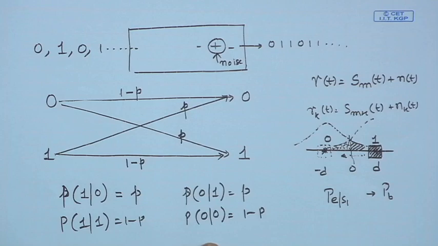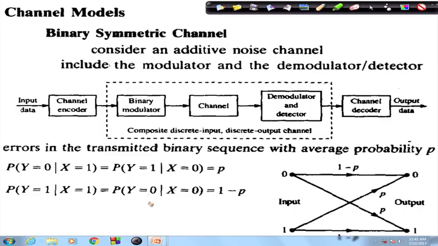So, whatever we reflected here is shown in this particular setup. The probability that I get a 0 when I sent a 1 is the same as the probability I get a 1 when I have sent a 0, and that is equal to p. Similarly, the probability of the output remaining the same as the input, in both the cases, is 1 minus the probability of making an error, and that is the probability of being correct, which is 1 minus p. This is exactly what we have written on the paper.